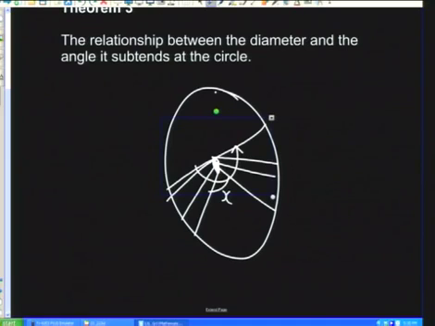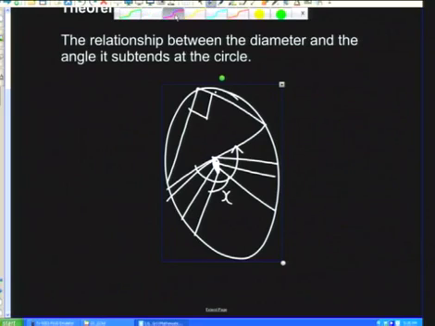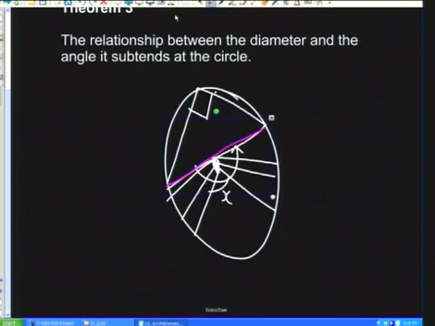Now, if the relationship between the angle at the center and the circumference is a 1 to 2 relationship, then it must mean that at the circumference I'm going to be subtending 90 degrees. So the relationship between a diameter, there's my diameter, is that it subtends 180 degrees.